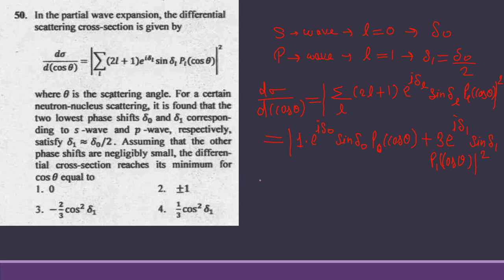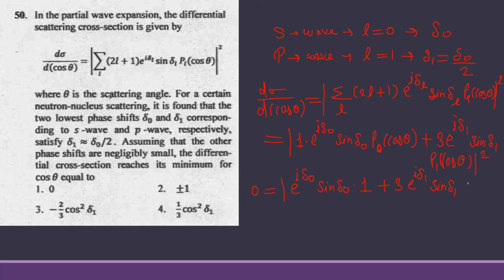Okay, so now you have to calculate the minimum value. So for minimum value, this d sigma by d cos theta will be 0. So now put this equal to 0, and here you will get e to the power i delta naught sin delta naught and P naught cos theta, means P naught x is 1. This you should know. Plus 3 e to the power i delta 1 sin delta 1, and P1 cos theta is cos theta, or you can say P1 x is x.